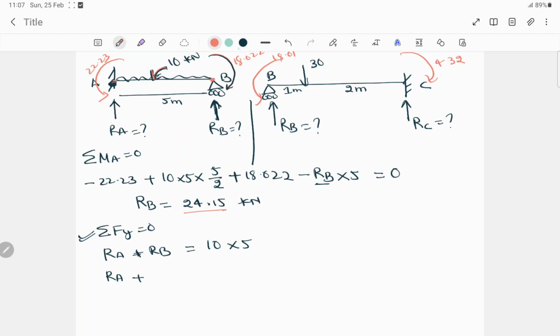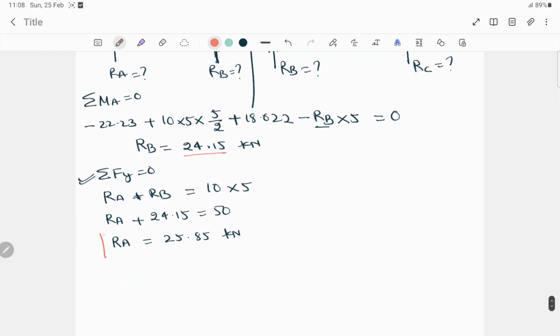So now RA, we don't know the value for RA, but we have a value for RB, right? 24.15 is equal to 10 into 5, which is 50. So from here we'll get the value for RA, that is RA is 25.85 kilonewton. Now we have values for RA and RB.